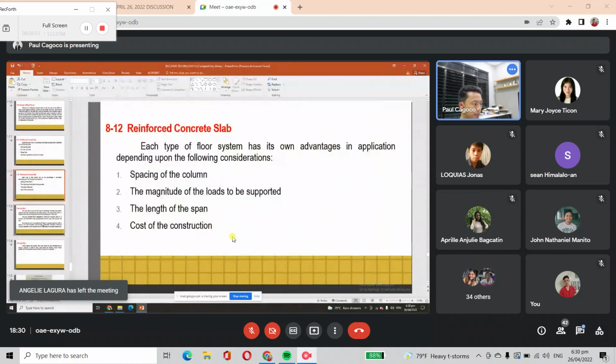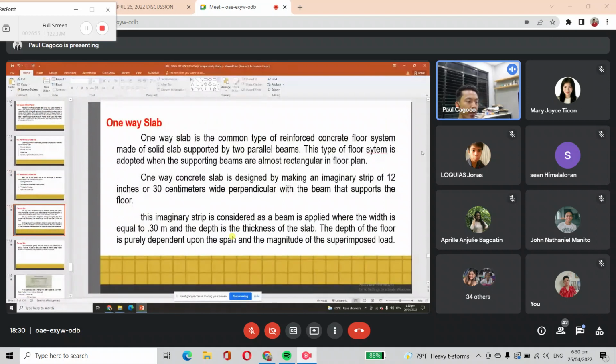Okay, balikan nato ang definition, ha. One-way concrete slab is designed by making an imaginary strip of 12 inches or 30 cm wide perpendicular with the beam that supports the floor. This imaginary strip is considered as a beam where the width is equal to 0.30 meters and the depth is the thickness of the slab. The depth of the floor is purely dependent upon the span and the magnitude of the superimposed load.